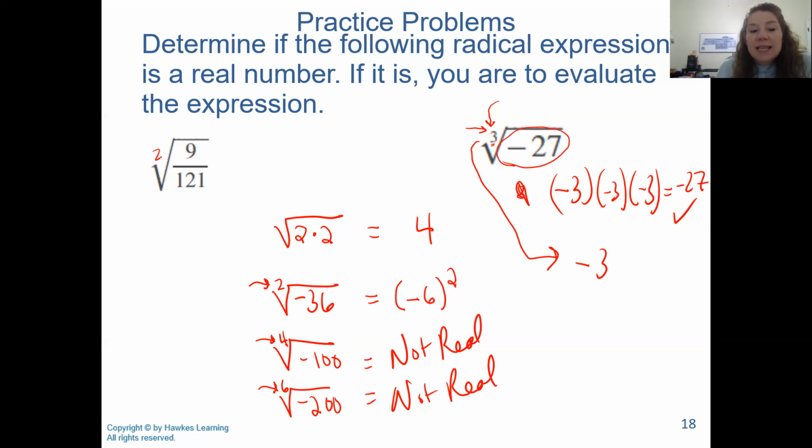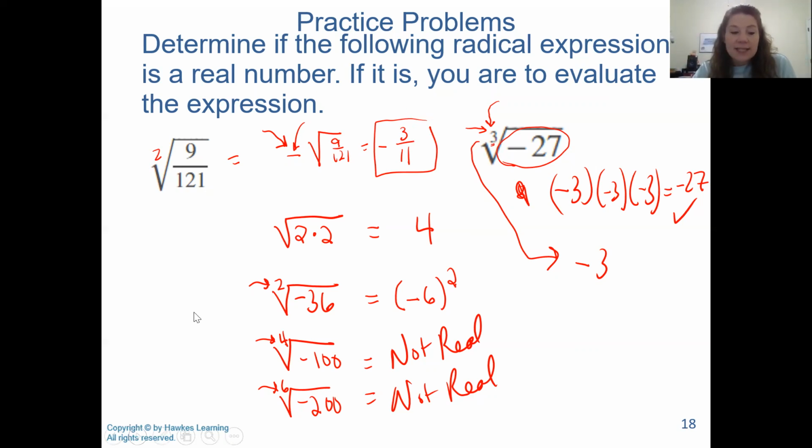If this number right here is even, and if they give you a negative inside the radical, that is not a real number. Now, if you put this right here, the negative square root of 9/121, that's different. That's saying, what is the opposite of the square root of 9/121, which is 3/11, and then the opposite of that is -3/11, which is a real number. But if the negative sign is under the radical, it's not real.